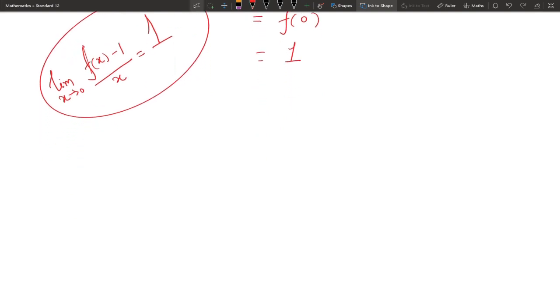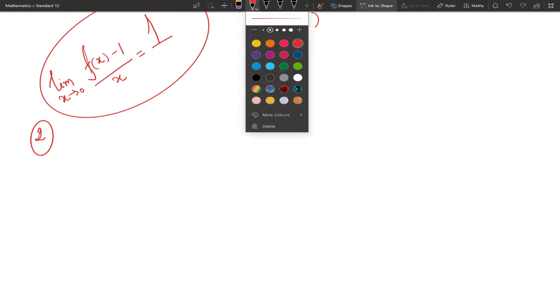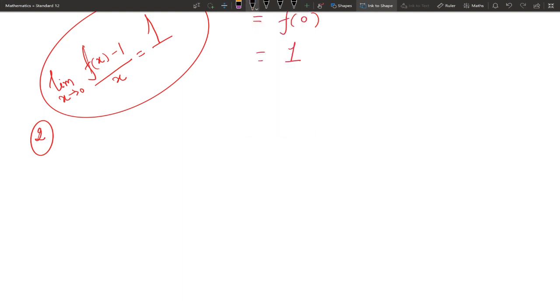So only for practice we will take some problems of derivative. Second illustration. We know this formula, d by dx of log x equal to 1 upon x, but here base should be e.